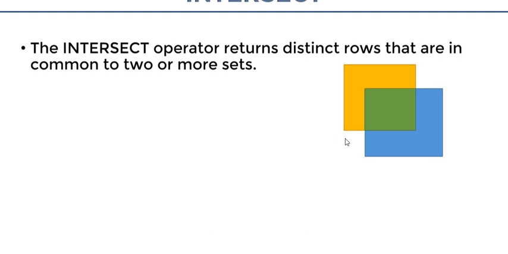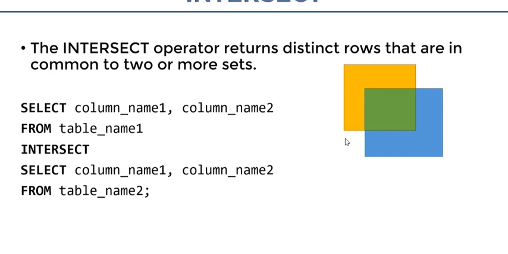So this is given by the box in the middle. The syntax of an intersect query is like this: select, intersect, select. Just like all the other set operators, intersect must have the same number of columns in each statement. So the columns should be the same, right? It gives only distinct rows that are in common to two or more sets, right?